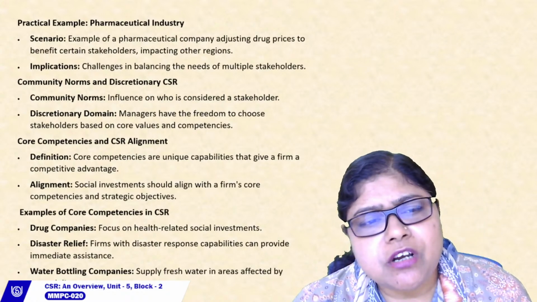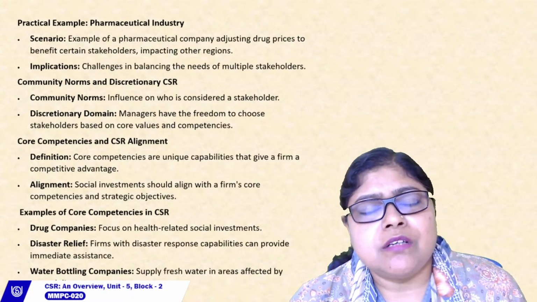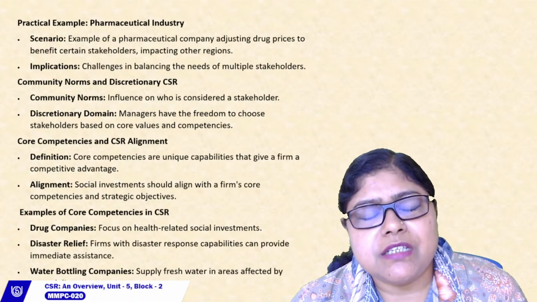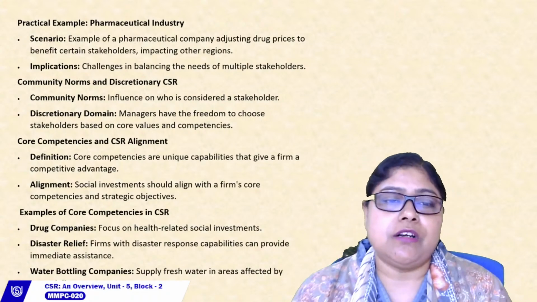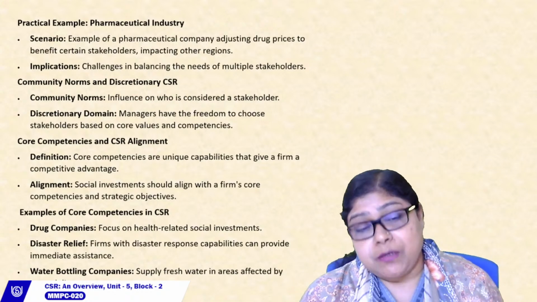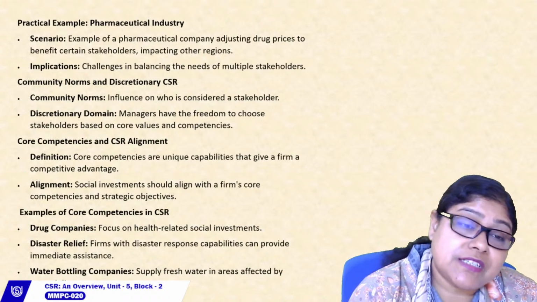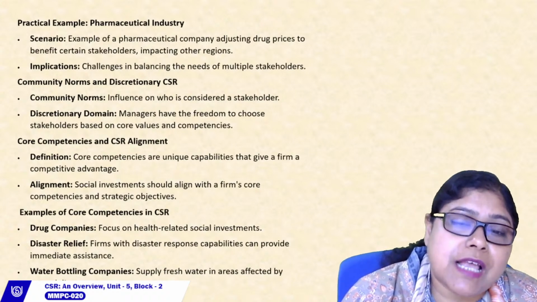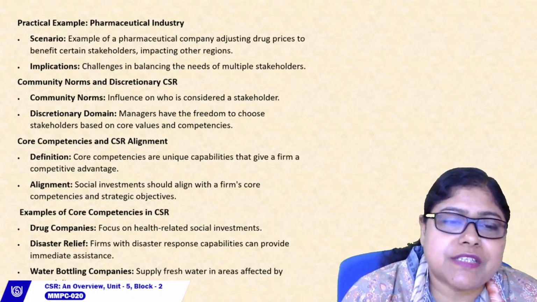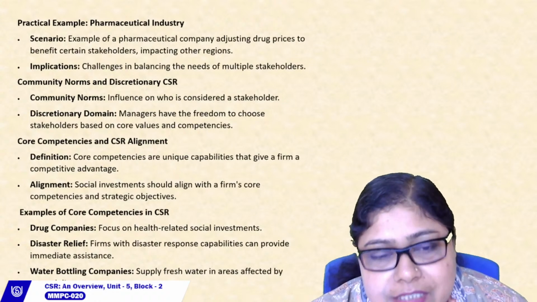Next is community norms and discretionary CSR. Community norms influence who is considered your stakeholder. The discretionary domain means managers have the freedom to choose their stakeholders based on core values and competencies.